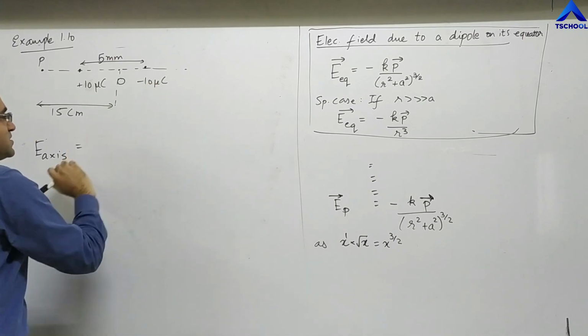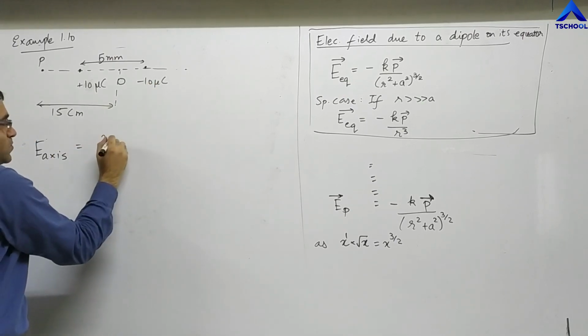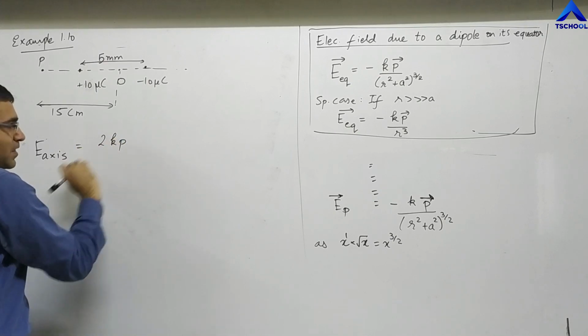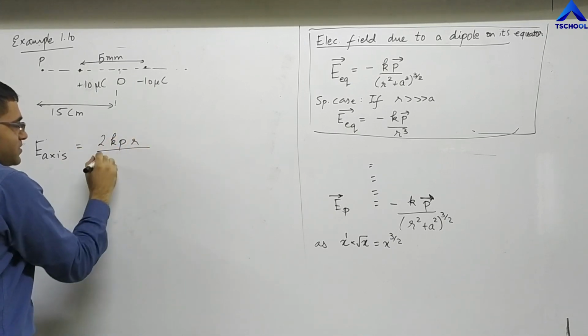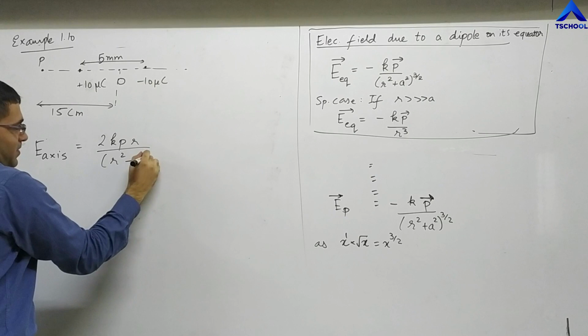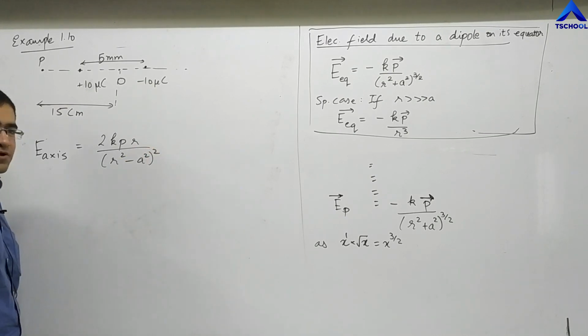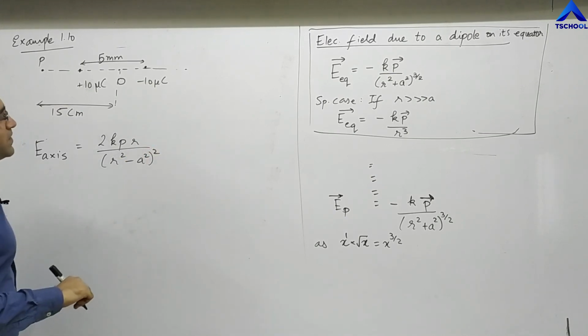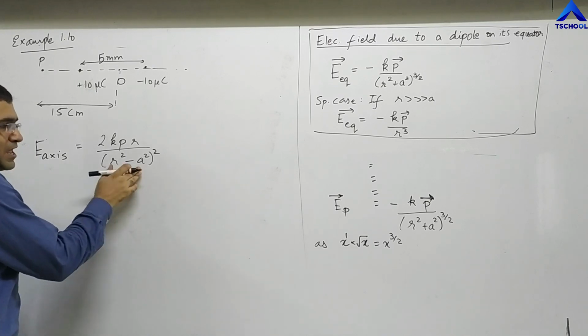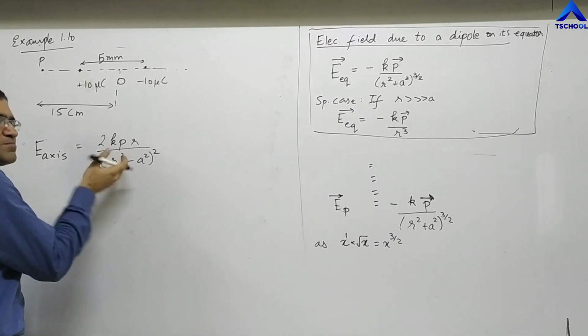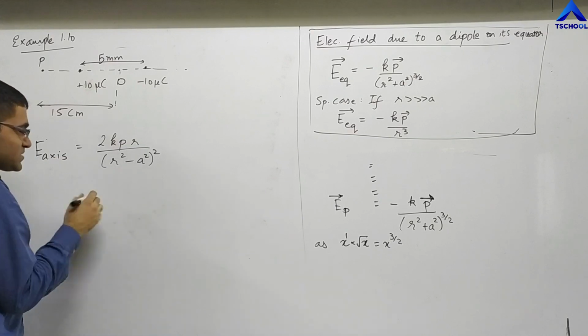The formula is 2kpr upon (r square minus a square) whole square. Only one thing to verify: is r much greater than a? Can we use that special case?